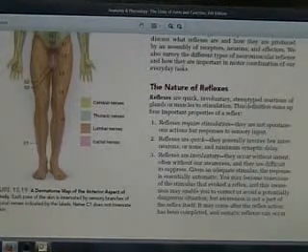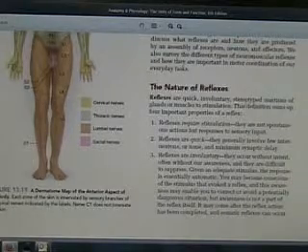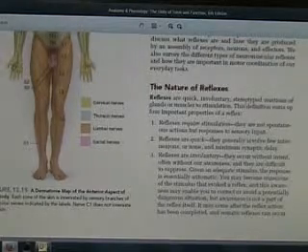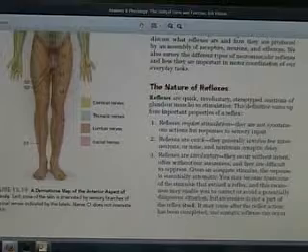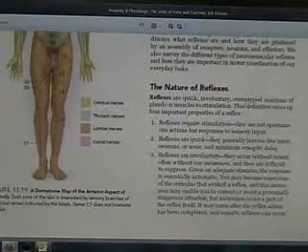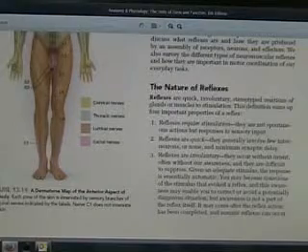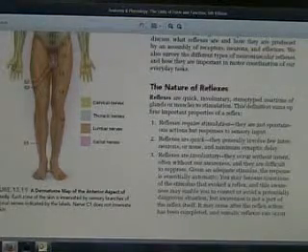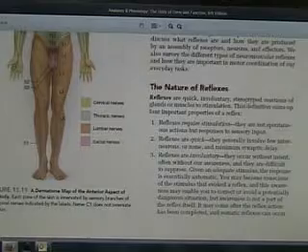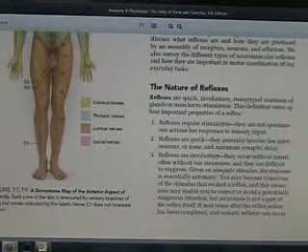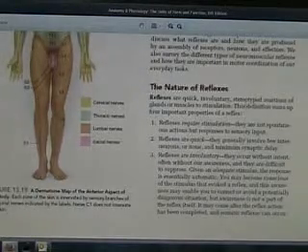Well, guess what? A lot of that does not require the brain. It doesn't require that long pathway of sensory that goes all the way up to the brain, and then the brain processes it and then sends a message all the way back down. Because by the time that happens, you'll be burned, or you wouldn't be able to run away from danger. So it's involuntary. You're not thinking about it. And stereotyped. What does stereotype mean?